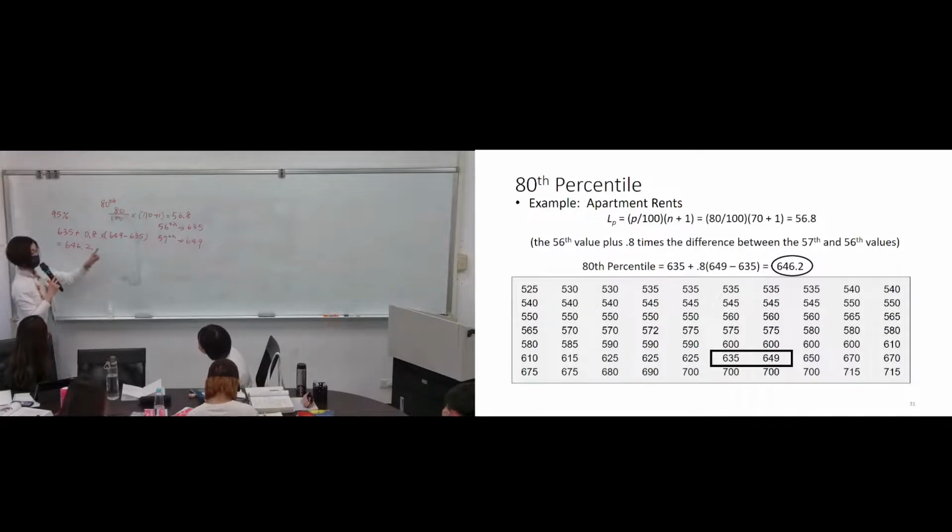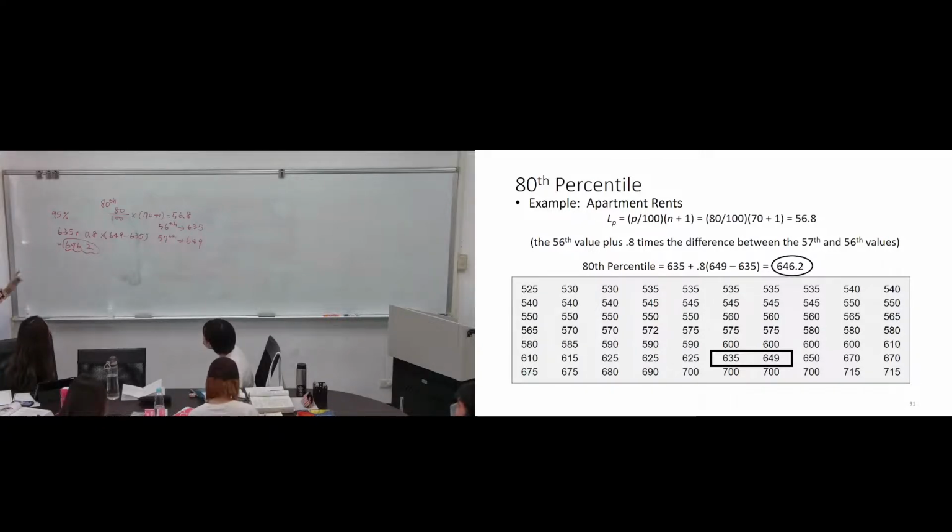So how do we find that? First we add 635 to the difference between these two values multiplied by 0.8. That's how we find the 80th percentile value, 649. Oh, sorry, 646.2.